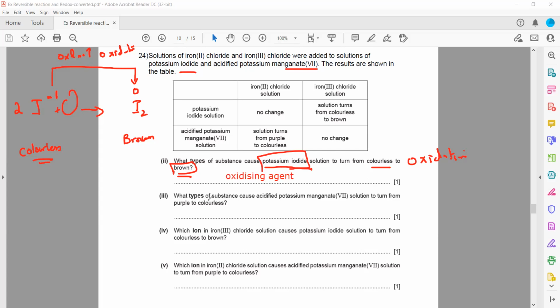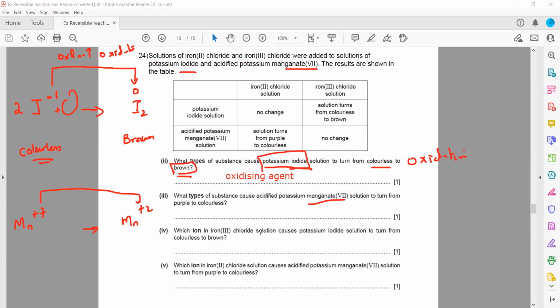Same way, what type of substance causes potassium manganate 7 to turn from purple to colorless? So how does potassium manganate 7, Mn is +7, turn into Mn +2? So this change is reduction. Oxidizing agent is a substance or a chemical or a reagent.